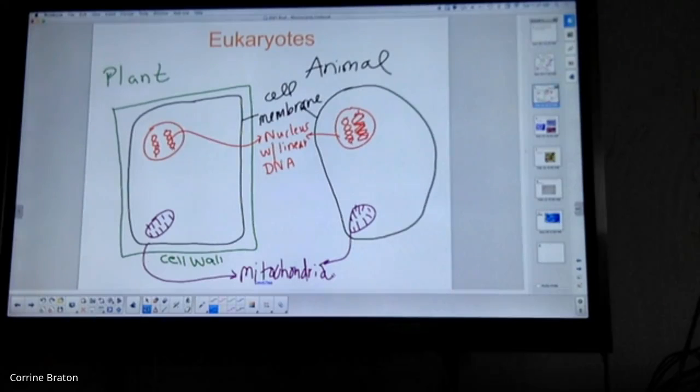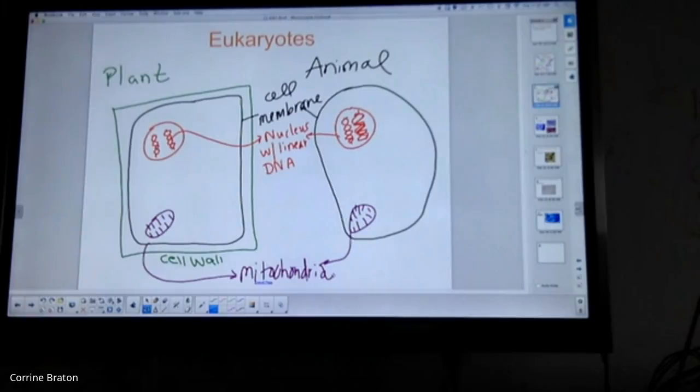See how many are in each cell. There can be up to 600,000 mitochondria per cell. Lots of these guys. How many? 600,000 per cell.